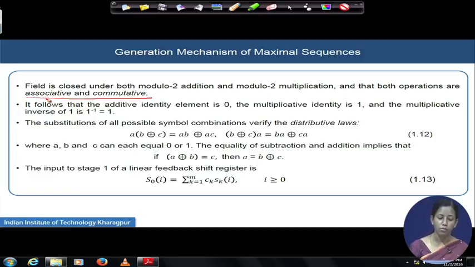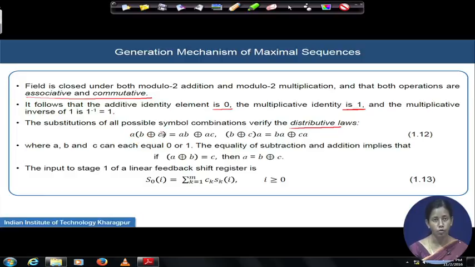It also follows that the additive identity element for this Galois field 2 is 0, and the multiplicative identity is equal to 1.